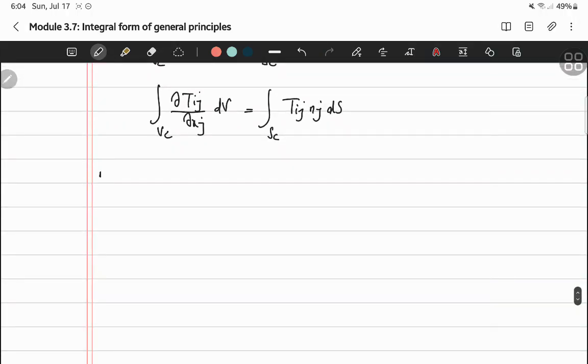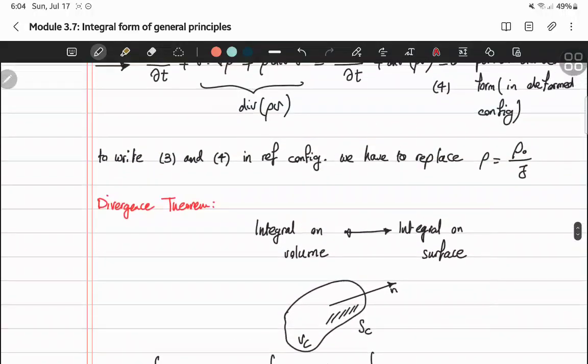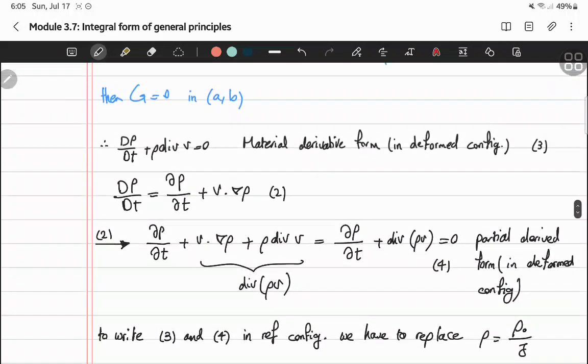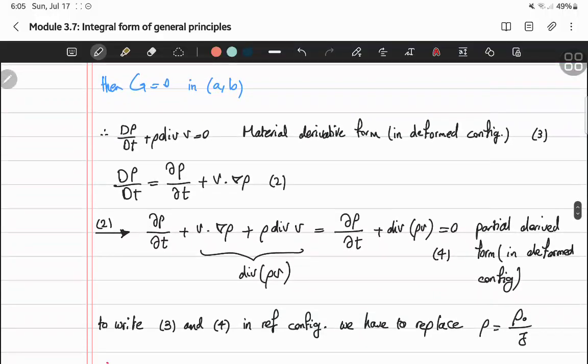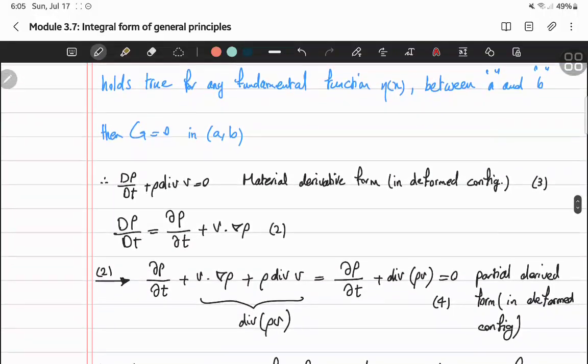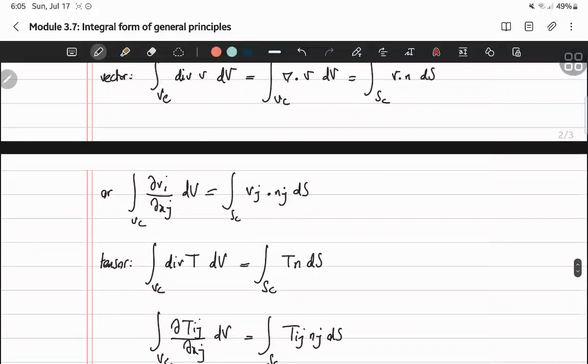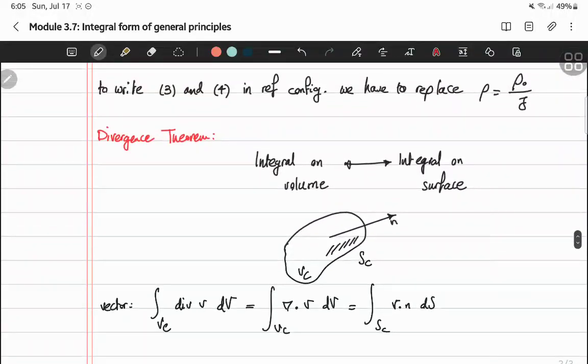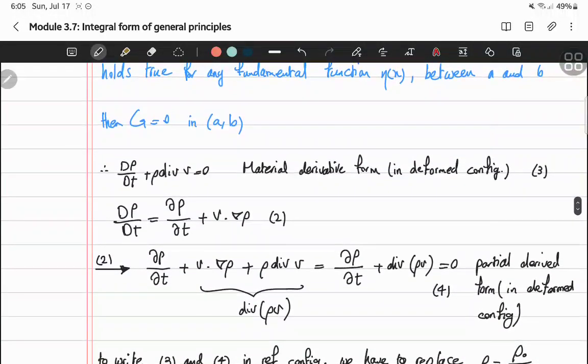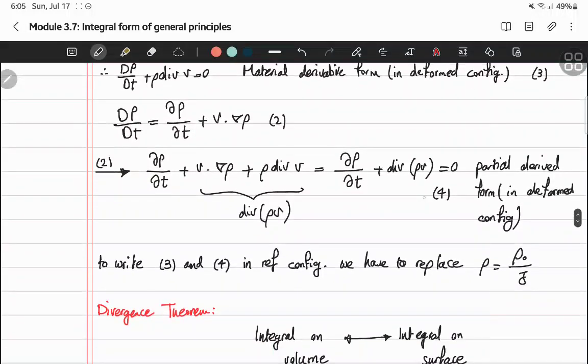So using the divergence theorem, we had this equation here. We had this equation in here, which was 3. Sorry, it was 4.